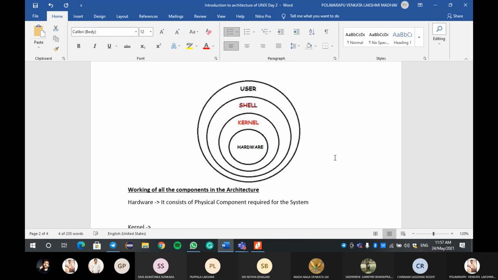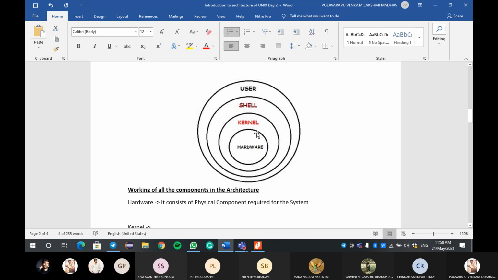And the kernel is nothing but the interface between the shell and hardware. Shell is the high level programming which we use for commanding purposes. As it is a command interface programming language, shell is only for giving the commands to this interface. The kernel will pass the commands between the shell and hardware.